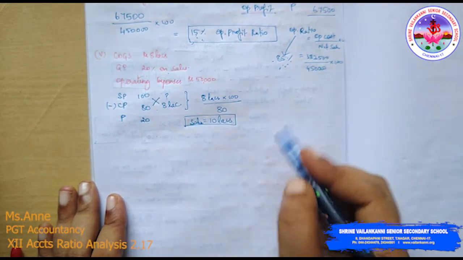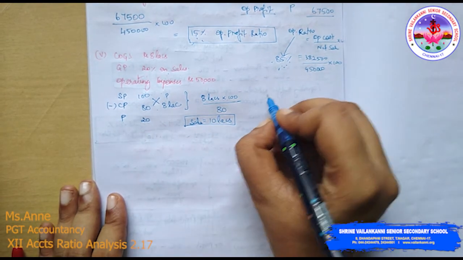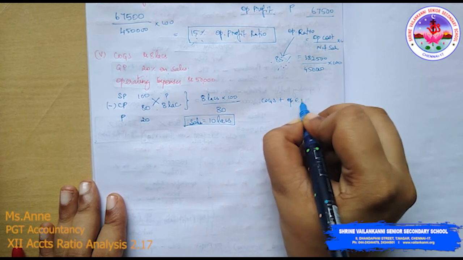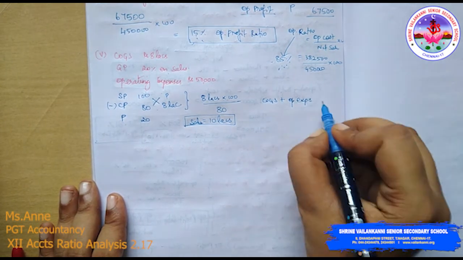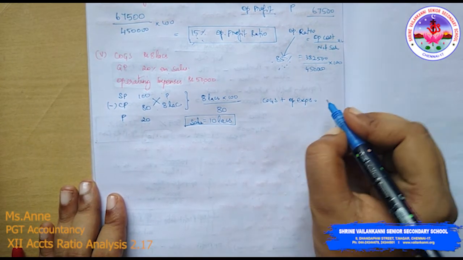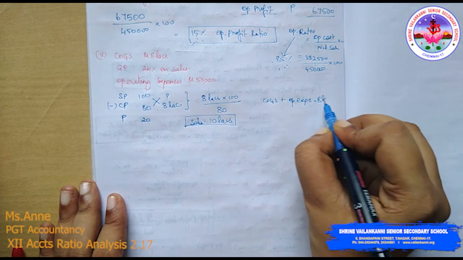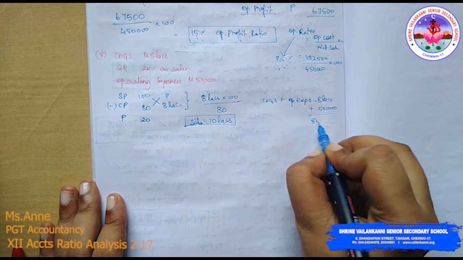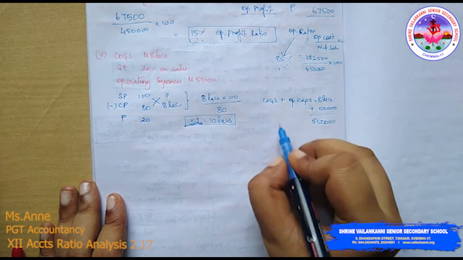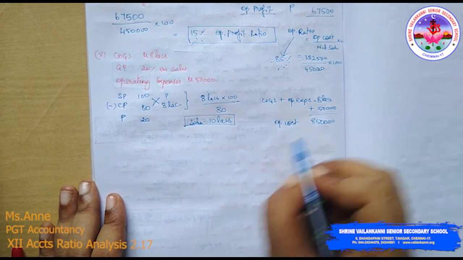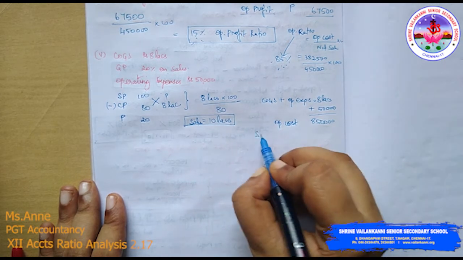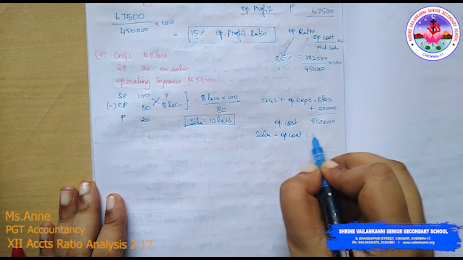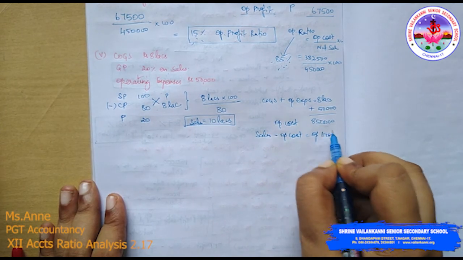We have net sales. Cost of goods sold plus operating expenses is operating cost. So cost of goods sold 8 lakhs plus 50,000, we get 8,50,000 as our operating cost. Now sales minus operating cost will be operating profit.